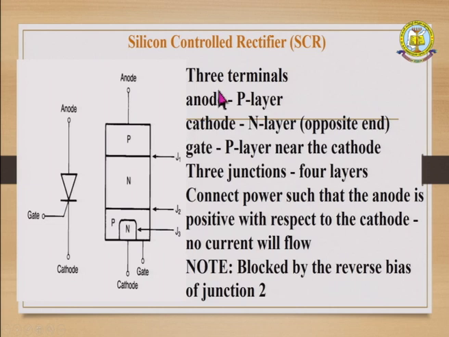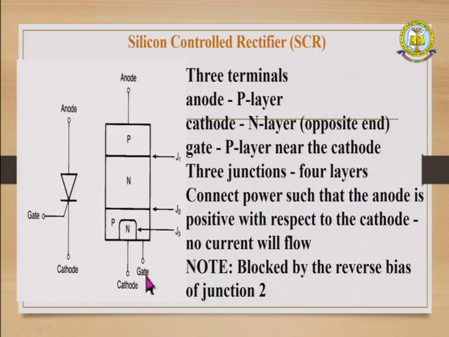silicon controlled rectifier. Silicon controlled rectifier. This is also important. This is also based on the transistor. It has 3 terminals: anode. 3 terminals, same as emitter, base and collector. Okay? This is also a PNP transistor. This is the anode and cathode. The cathode is the N layer at the opposite end, and the gate is a P layer.